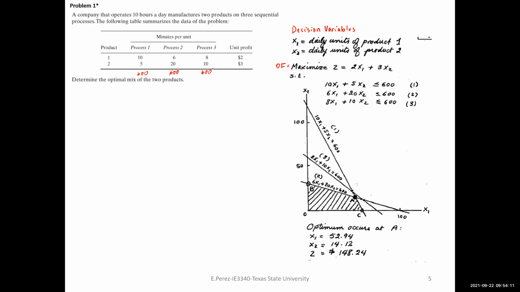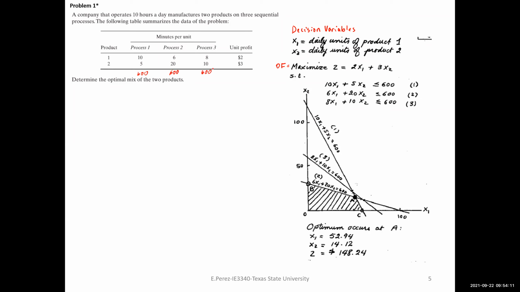That's our first constraint. Second constraint for process number two, requirement 6 minutes and 20 minutes, and so on. And then we have to make sure that we have these non-negativity constraints.